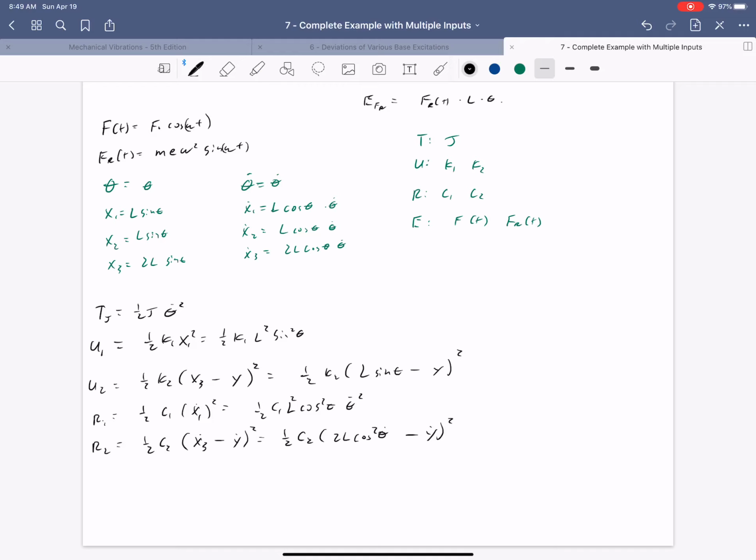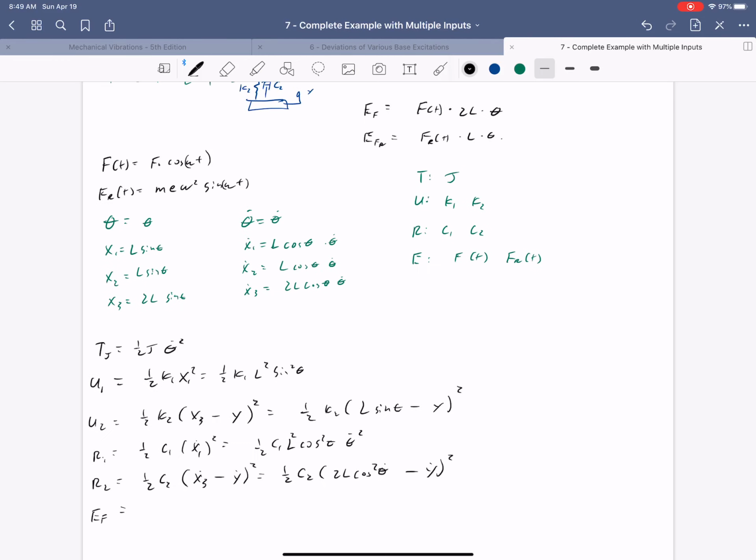And then we have our energy terms. The energy for the force is equal to F of t times 2L theta, which we can write out: F naught cosine omega t times 2L theta.